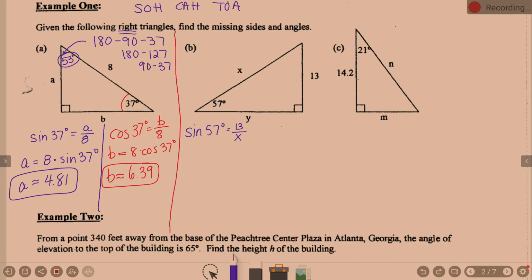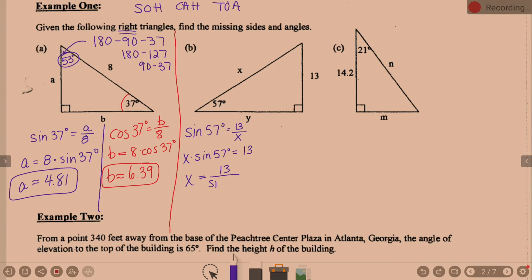So this one's going to look a little different, but we'll end up doing something similar. So it's 13 divided by x. I'm going to multiply by x. So then, when I multiply both sides by x, x times sine of 57 degrees equals 13, because my x cancels on that side, correct? How do I solve for x from here? If it's x times the sine of 57 degrees, we're going to have to divide.